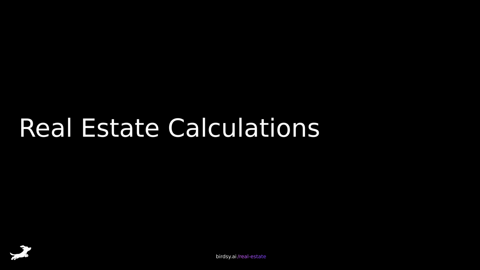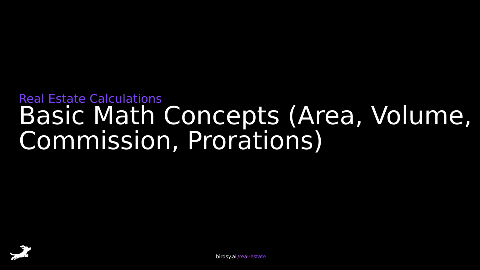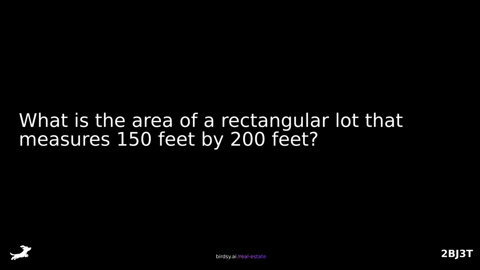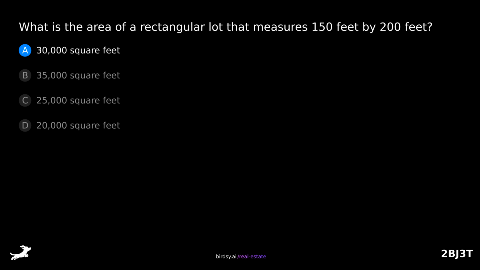Real estate calculations. Basic math concepts: area, volume, commission, prorations. What is the area of a rectangular lot that measures 150 feet by 200 feet? Is it A, 30,000 square feet, B, 35,000 square feet, C, 25,000 square feet, or D, 20,000 square feet?